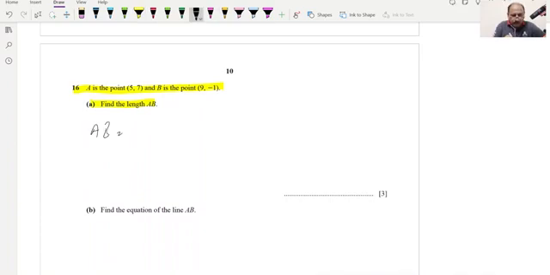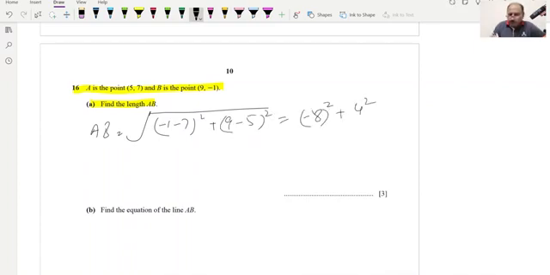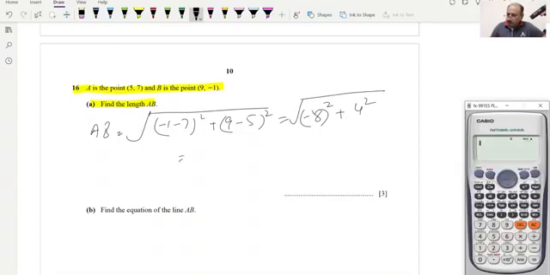So AB will be equal to the square root of (y2 minus y1) squared plus (x2 minus x1) squared. It means (-1 minus 7) squared plus (9 minus 5) squared, which is (-8) squared plus 4 squared under the root, and this is equal to 4 root 5.